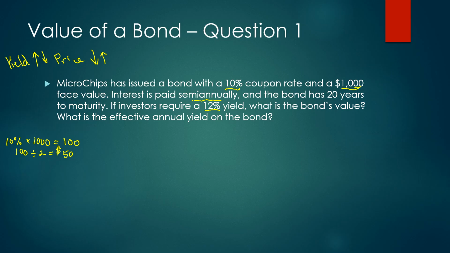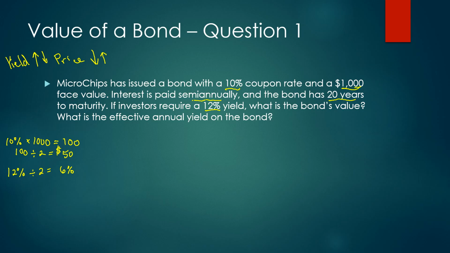All right, the next thing is that the investors require 12% yield. Well, that's based on a year, but we're getting paid semi-annually. So we have to take 12% divided by 2, and that's going to give us a 6-month yield of 6%. And then finally, the bond has a maturity of 20 years.